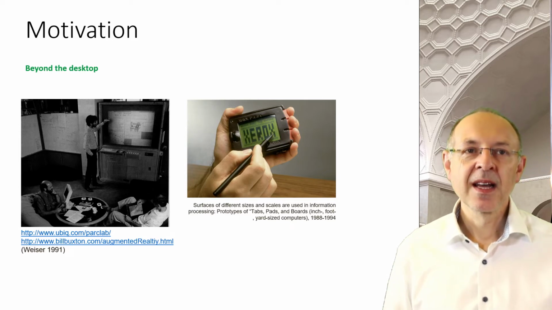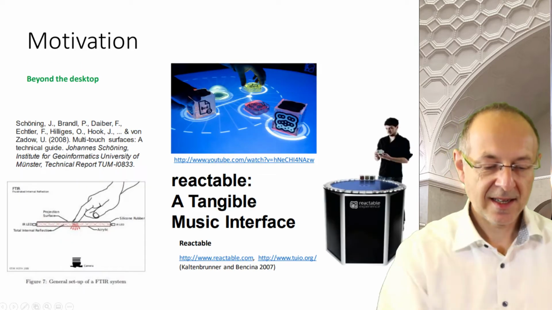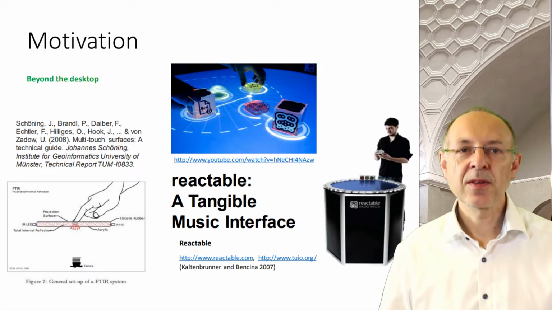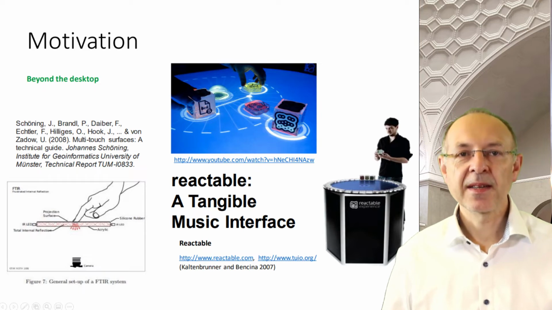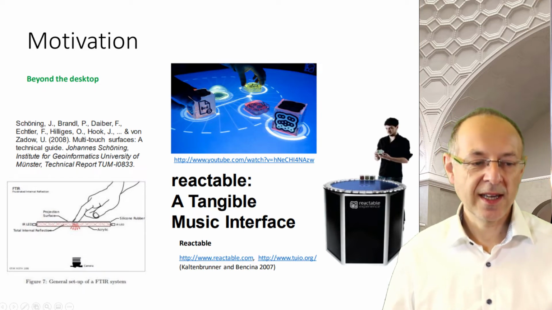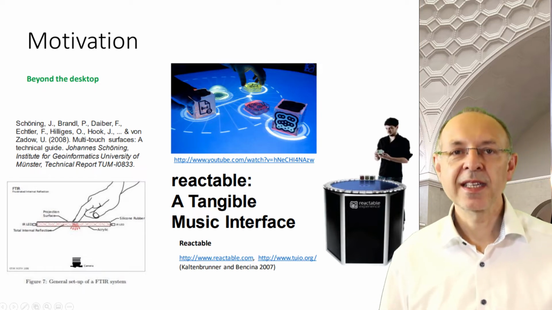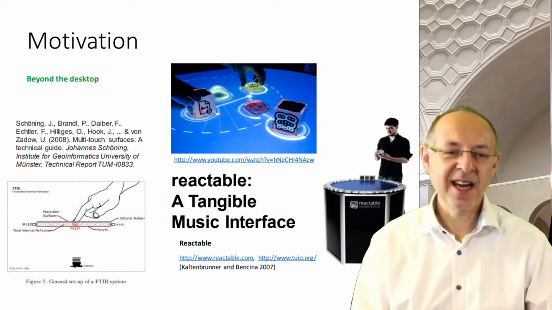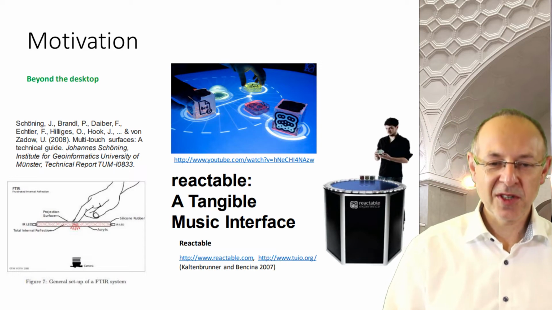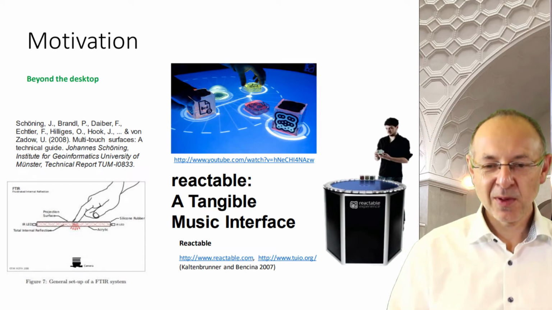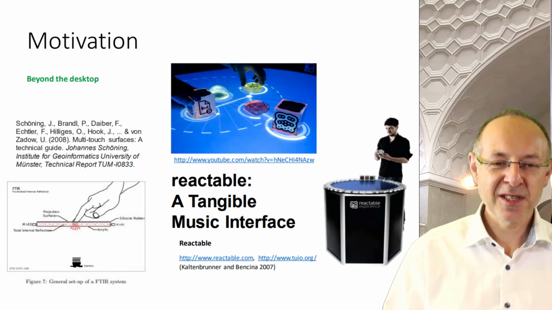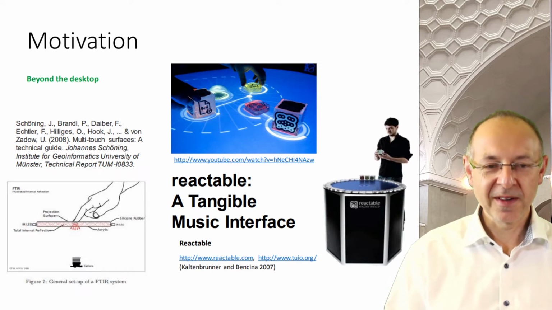A more recent example, which I really like, is the tangible interface, the reactable. And I think probably some of you have explored it at some of the conferences like TEI. And I think some of us were younger at that time and we all built a table. I'm not sure who of the people who were older did have one of these multi-touch surfaces built in their lab, or know that the lab they were in had one.